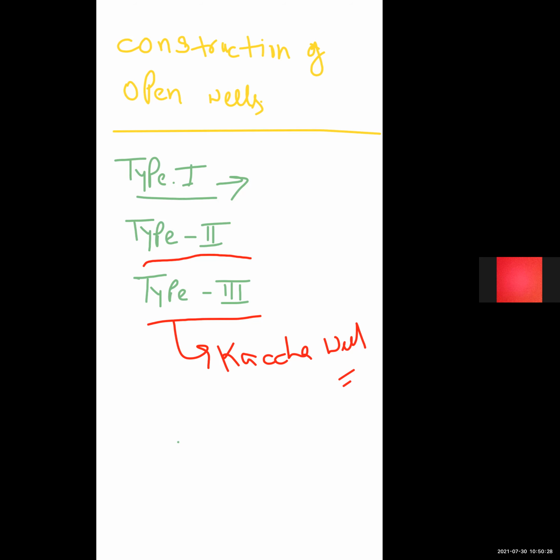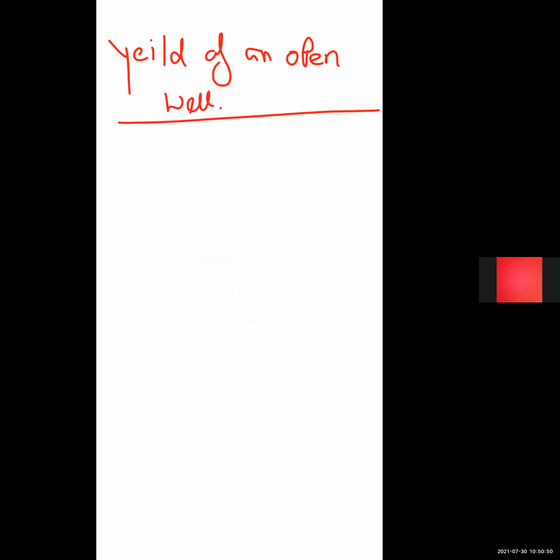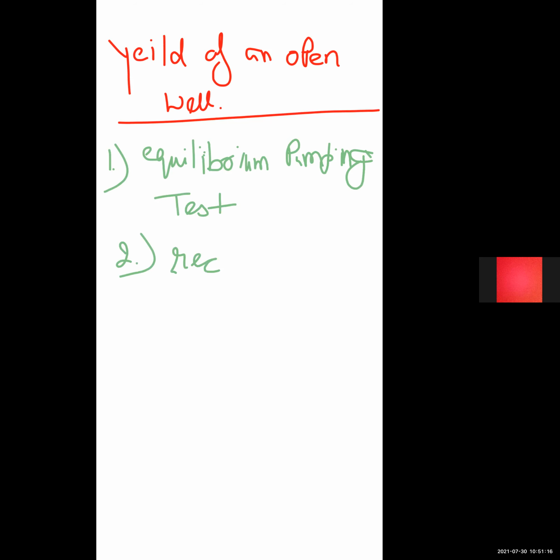Second is the recuperation test. So, calculating the yield by two methods, first is the equilibrium pumping test.